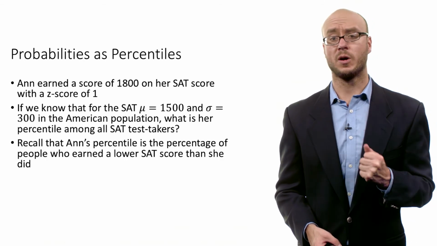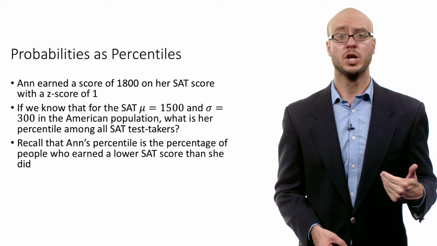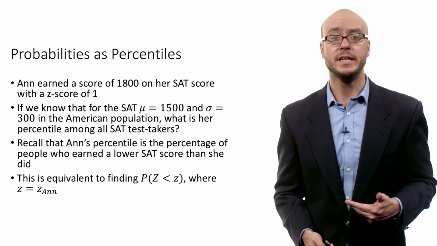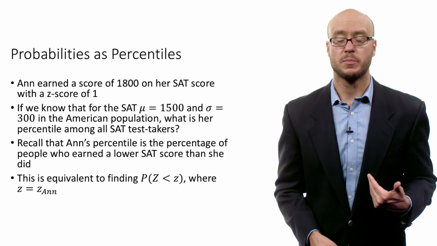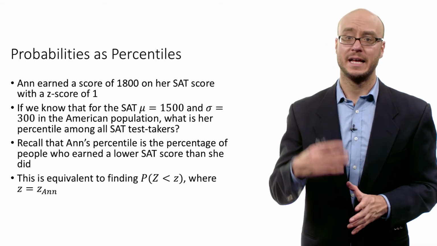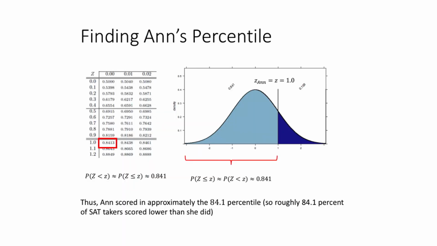If you recall, a percentile is simply the percentage of people who earned a lower score than she did. So this is equivalent to finding the probability of having a z-score less than Anne's. Now the normal probability table in this example is going to give you the probability less than Anne's, which is 0.841.